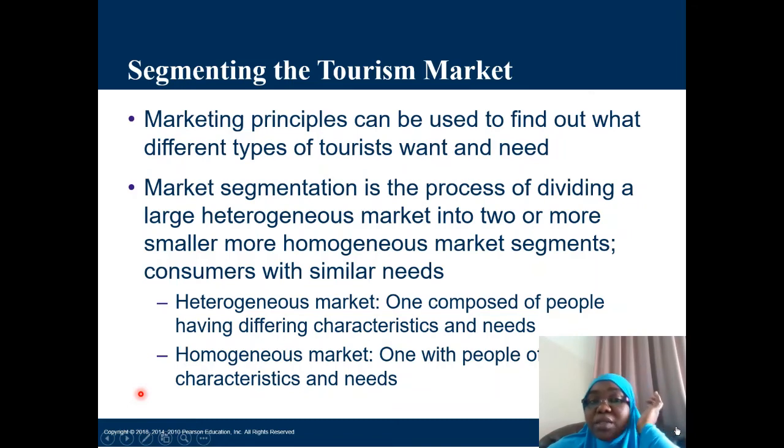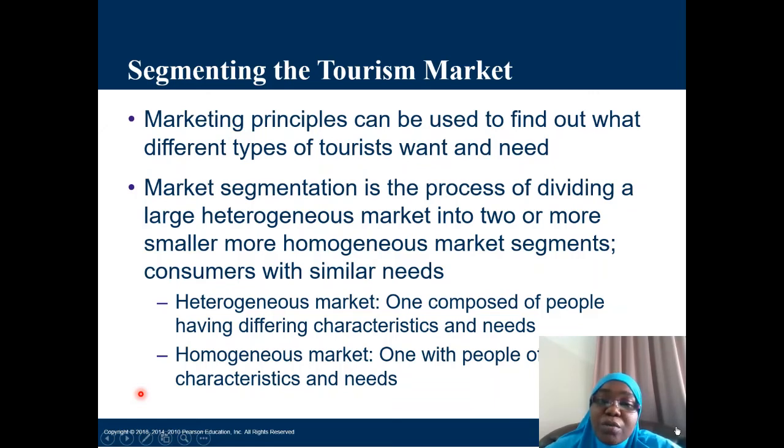Market segmentation, like I mentioned, is the process of dividing a large heterogeneous market into two or more smaller homogeneous markets. Heterogeneous means the markets are different, while homogeneous means they are the same. So you want to see a large number of markets and you want to divide them.